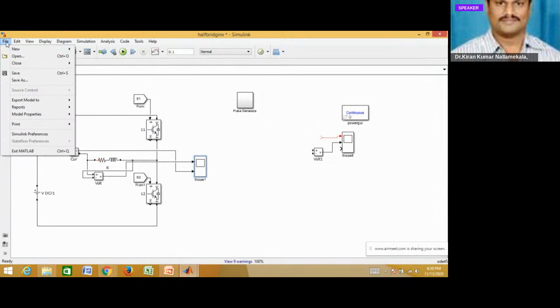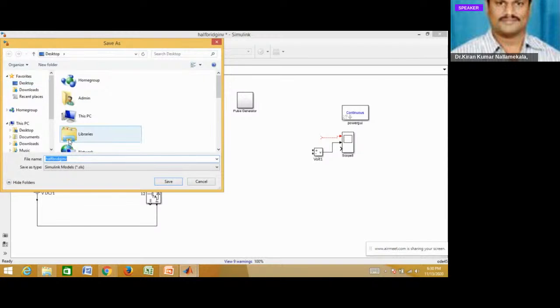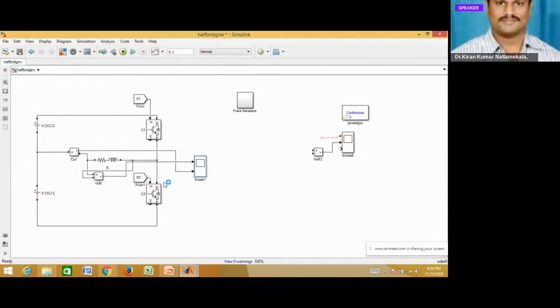Okay, I'll save it as full bridge. Full bridge, and then what are the differences you find here from half bridge to full bridge?